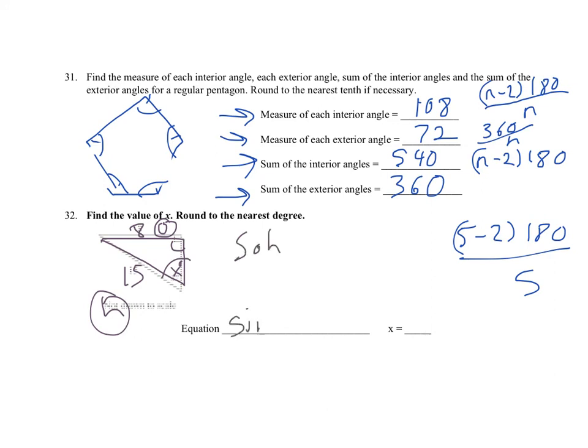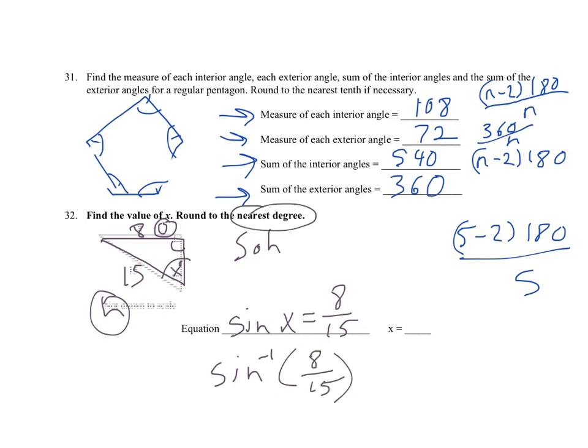So the sine of x is equal to the ratio opposite over hypotenuse. Now remember, this is where you put in your calculator second sine, and you put the ratio in, 8 over 15. Round it to the nearest degree, so the nearest whole number, which should give you 32.